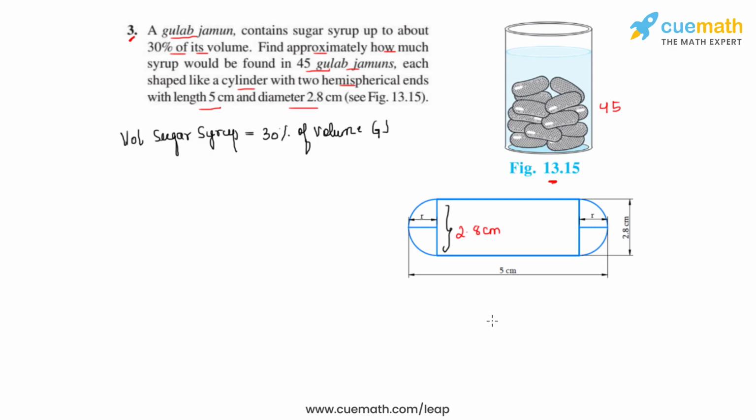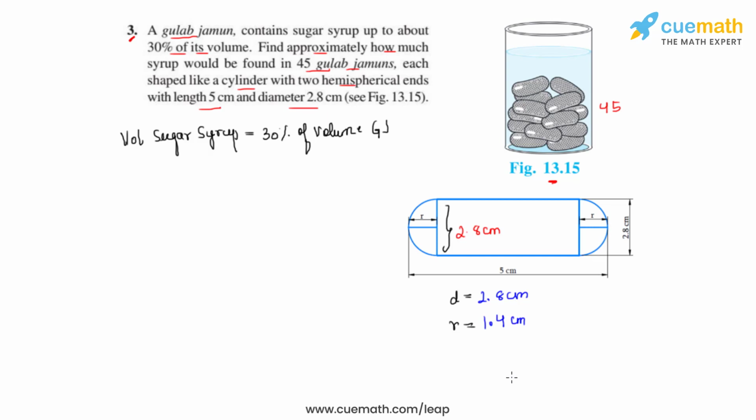Now the diameter is the same for the cylinder and the hemispherical part. So we can write it as D equals 2.8 centimeters. Therefore, the radius for both of them, the cylinder and the hemisphere, will be half of it, which is 1.4 centimeters.